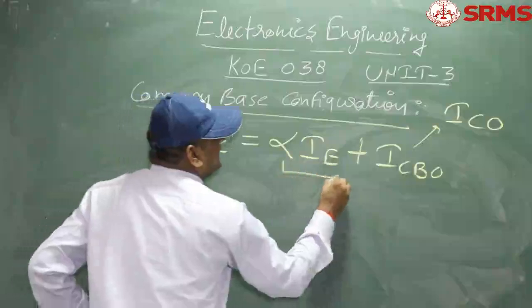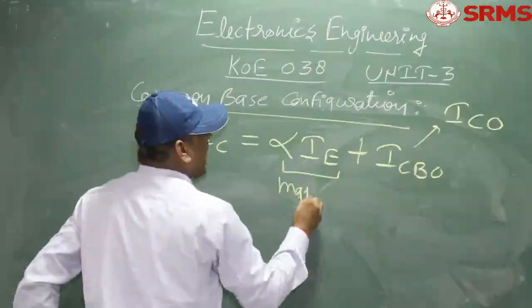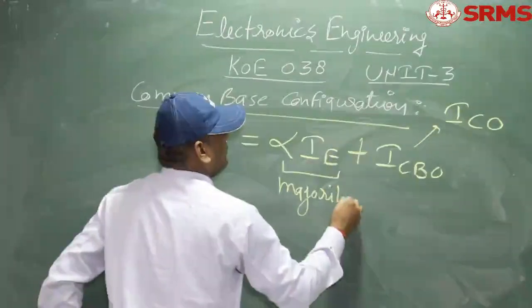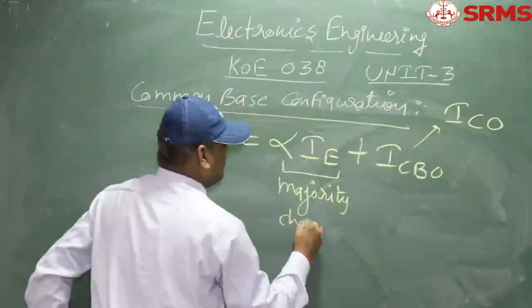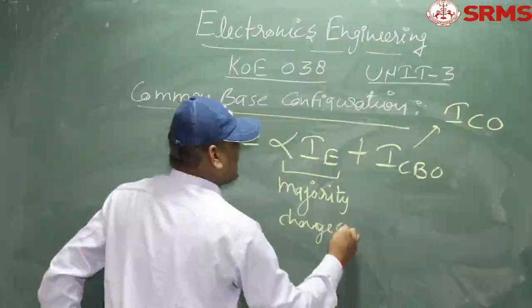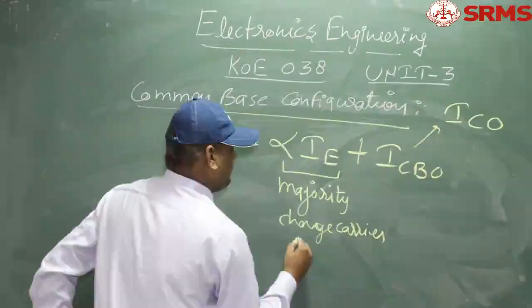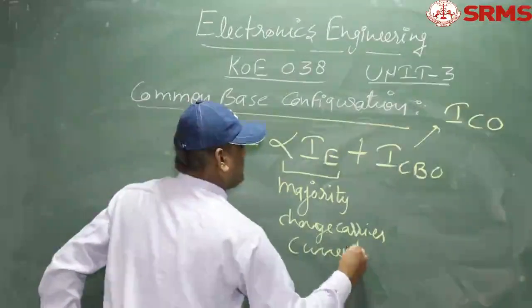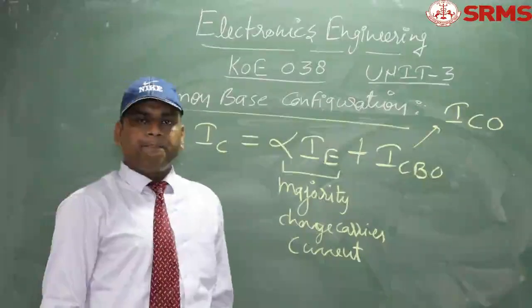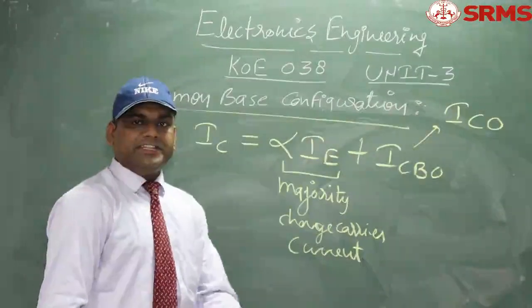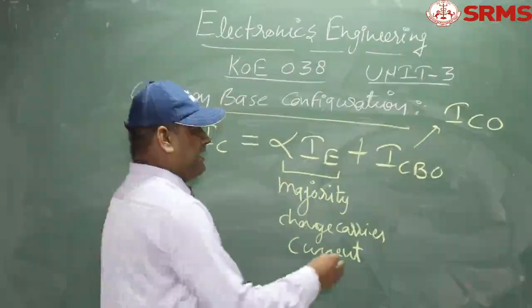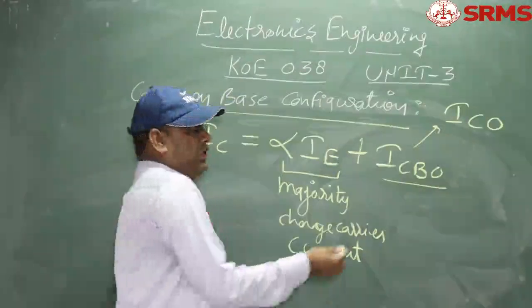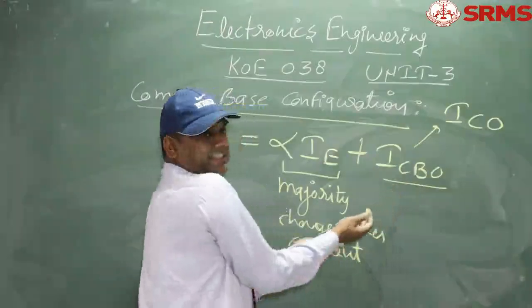So this current alpha times IE is due to majority charge carriers. But if there is an absence of majority charge carriers, that means input is 0, in such a case, there is only ICBO. So this is basically reverse current, or you can say the reverse leakage current.